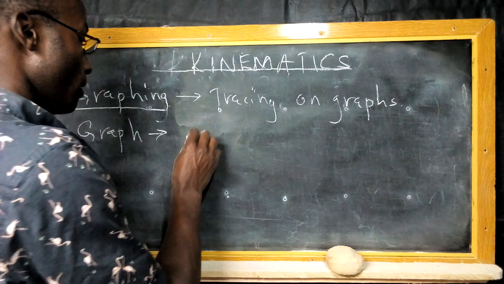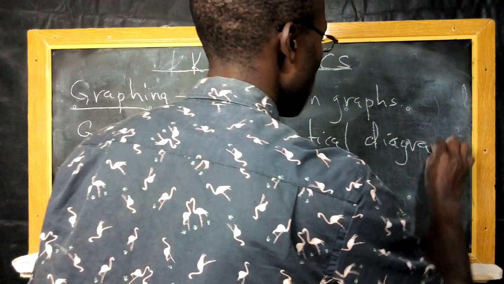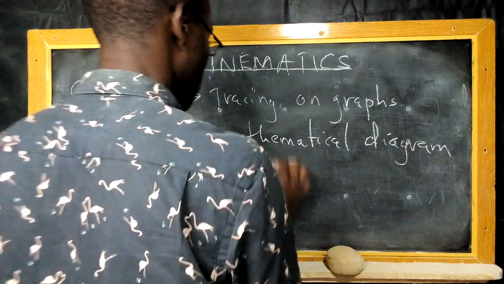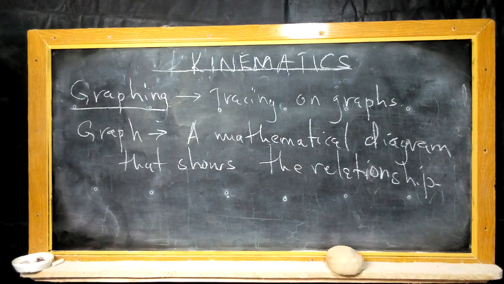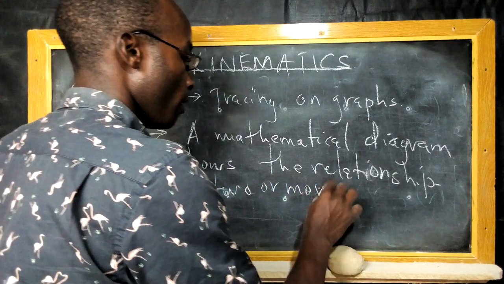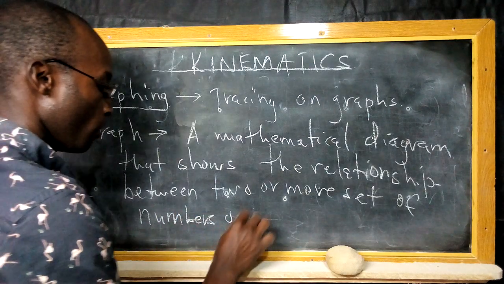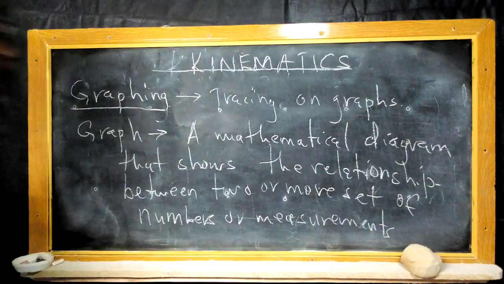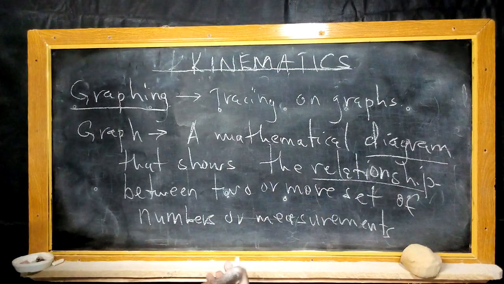So from the definition, we can see that first it's a diagram that shows the relationship between two sets of numbers or measurements.